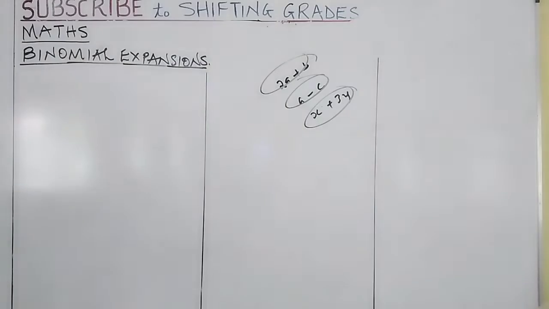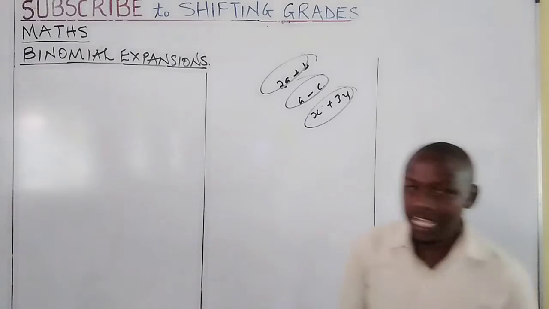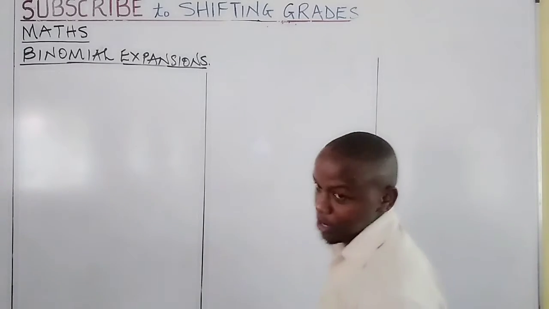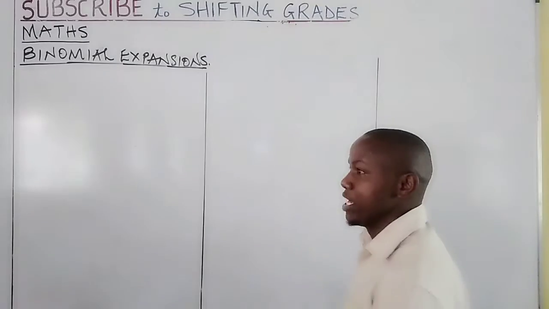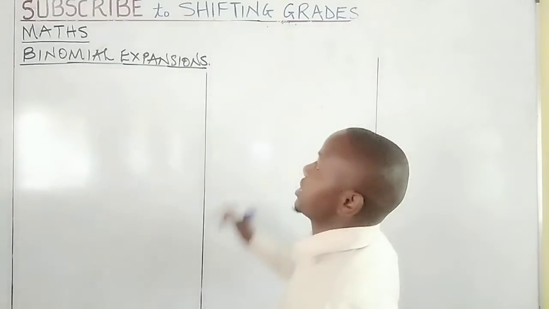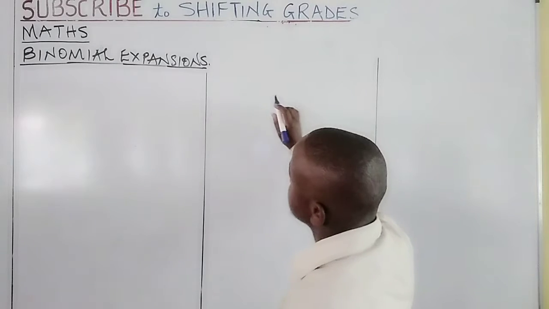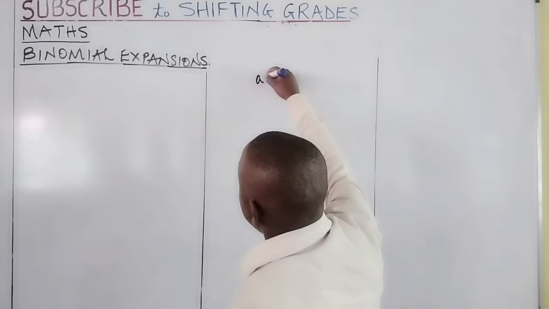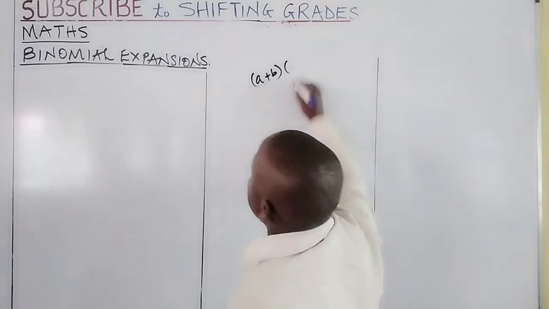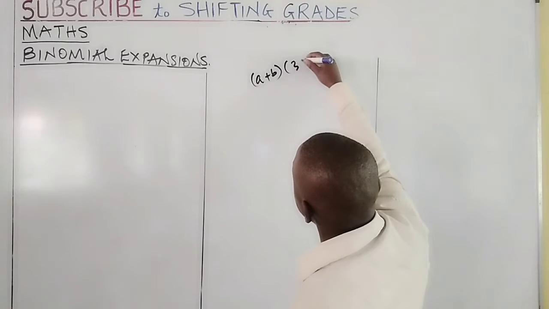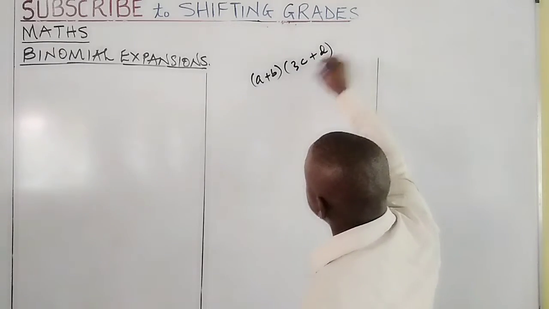Now, in this case, we'll be looking at how binomial expressions can be expanded. I remember in book 2 when we were doing quadratic expressions, expansions and equations, we saw how a term like a plus b can be multiplied with another like 3c plus d.